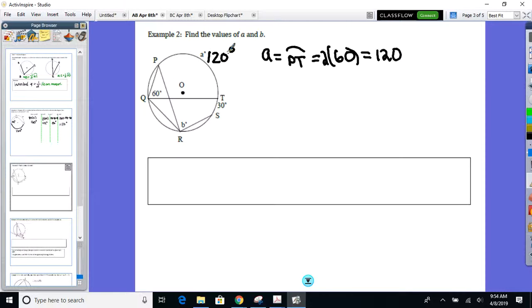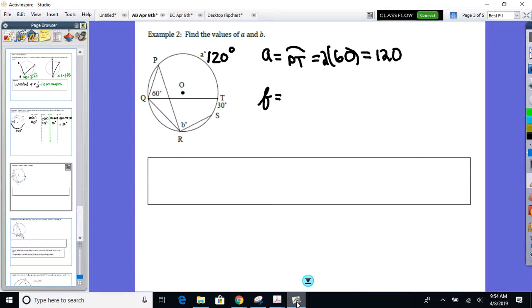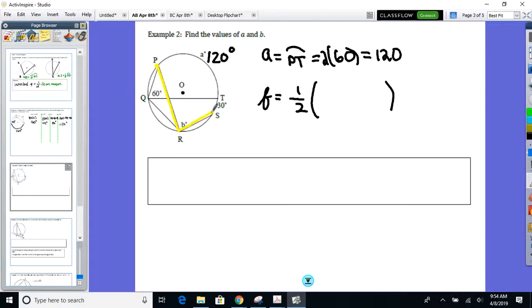And then what about angle B now? What type of angle is angle B? Inscribed. So we're going to take half of an arc here. Can you tell me what arc it's drawn to? Name the arc with letters that angle B is drawn to. I don't think Q's involved. What arc is in between them?